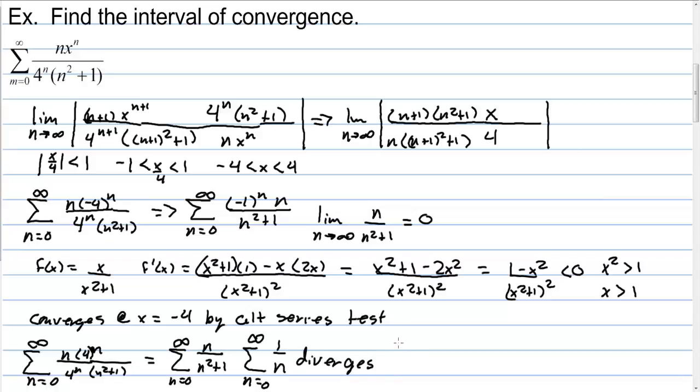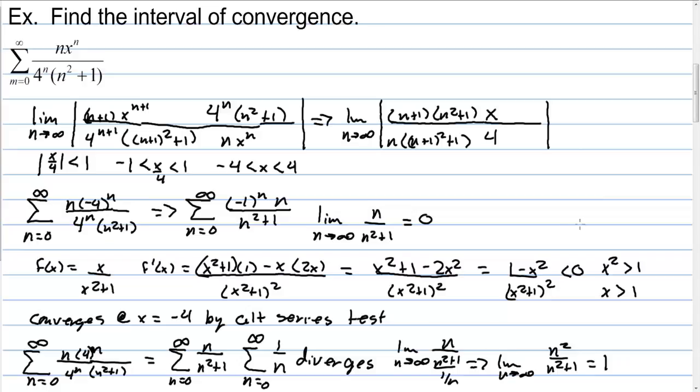So it diverges, and we have the limit as n approaches infinity of the absolute value of, I guess we don't really need absolute value if we don't have any x's. So we have n over n squared plus 1 over 1 over n, and that's going to be the limit as n approaches infinity of n squared over n squared plus 1, which is equal to 1.